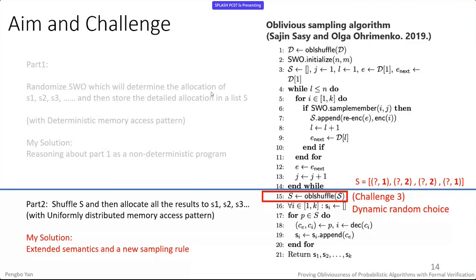We want to know that after this shuffle, the second elements satisfy some distribution, but we don't care about the first elements. That's what we want: rules which can get some partial information after a dynamic random choice.